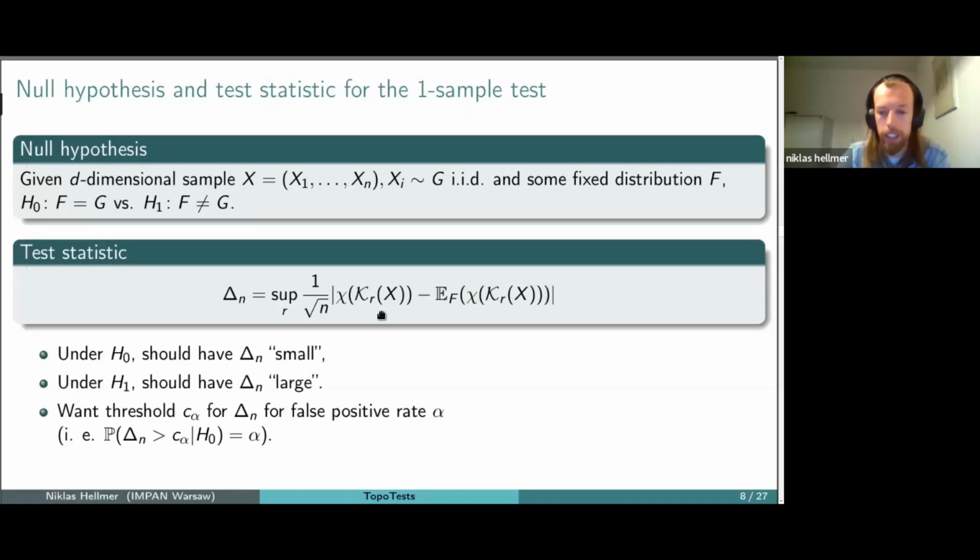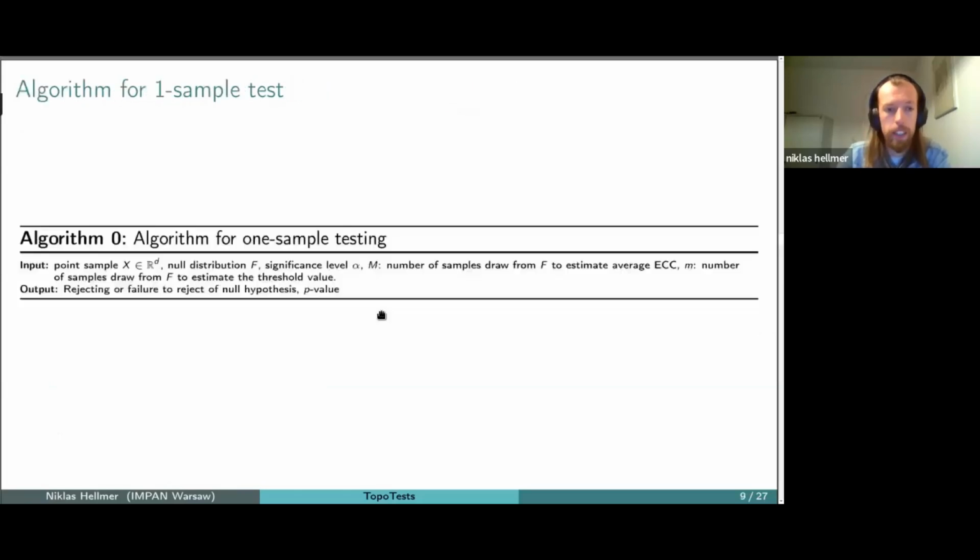I'll give you an illustration in a bit, but first let me talk about computations, because there is the expected Euler characteristic curve, and there is this critical threshold. So how do we compute these things? Okay, and we just do the naive thing, basically. We just do it empirically.